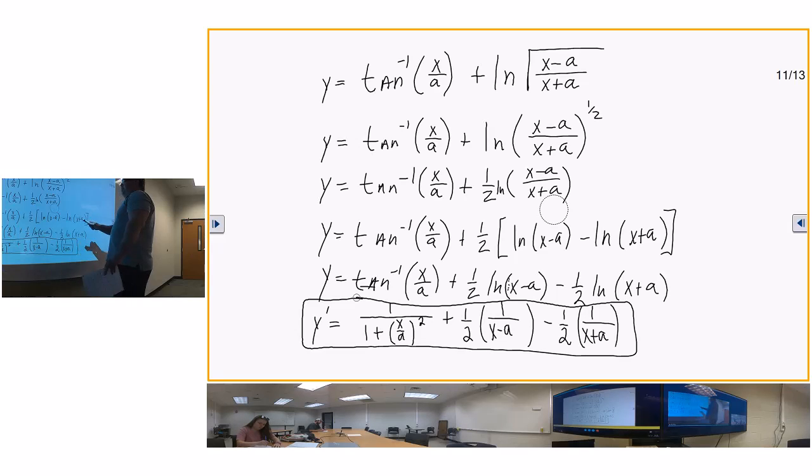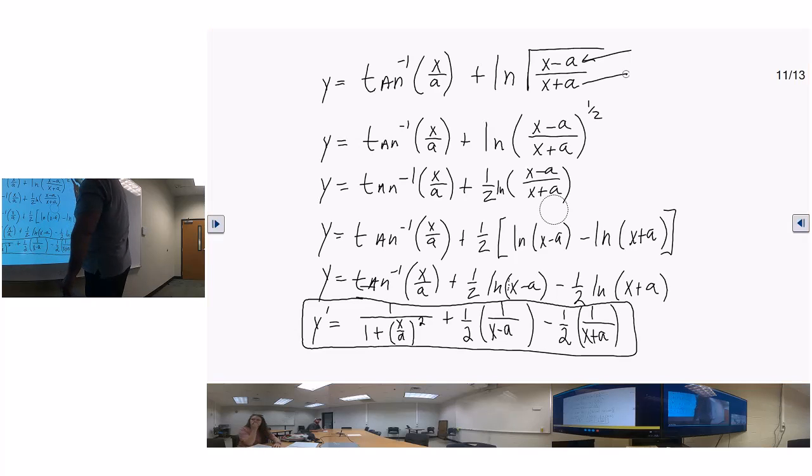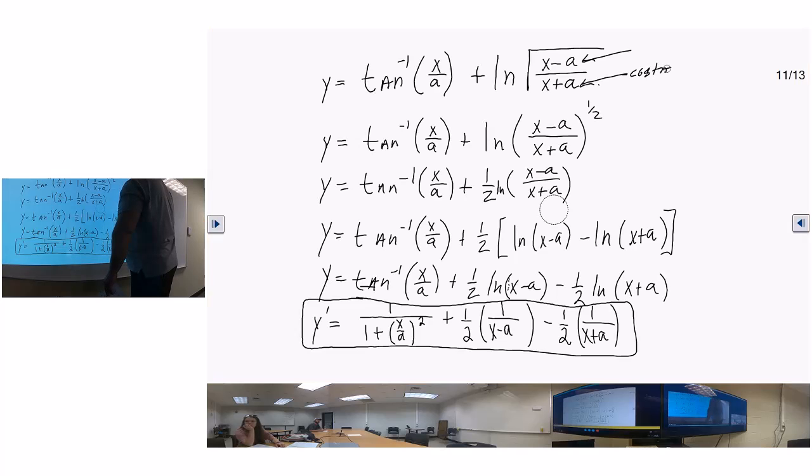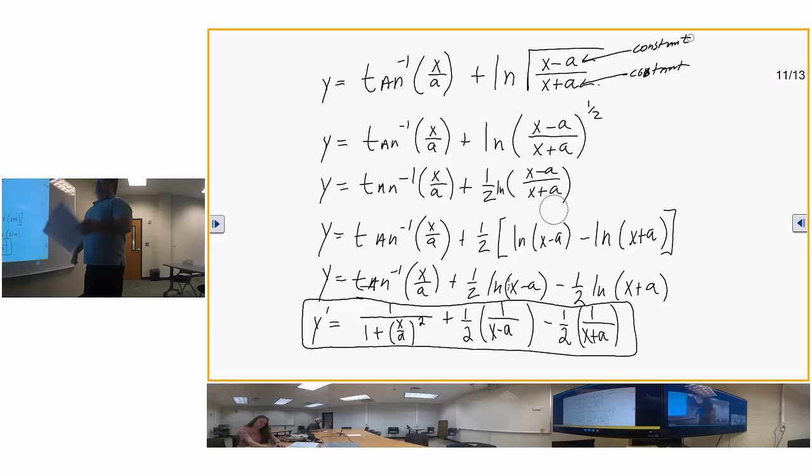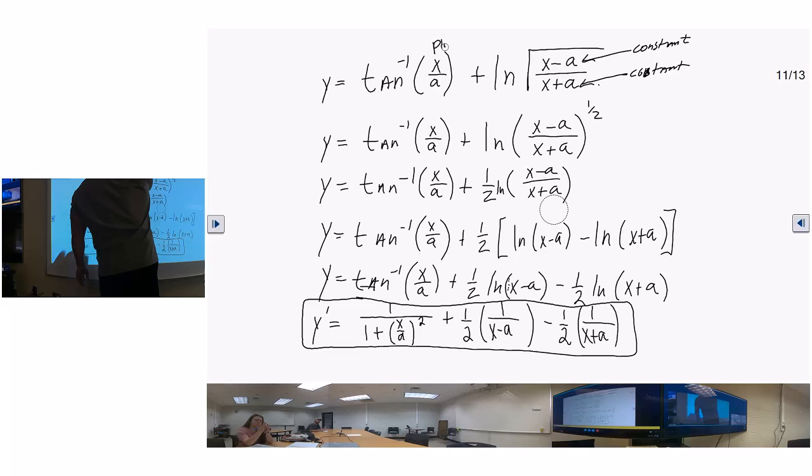And this one here, a is considered a constant when you take the derivative, and you don't have to worry about it here because this is plug and what? Chug.